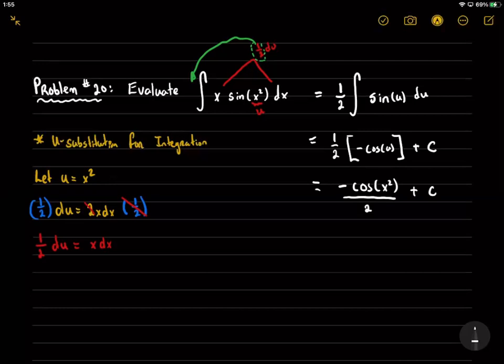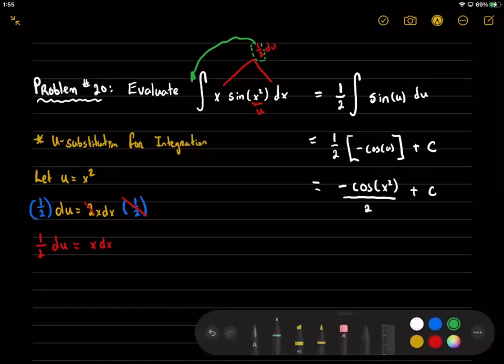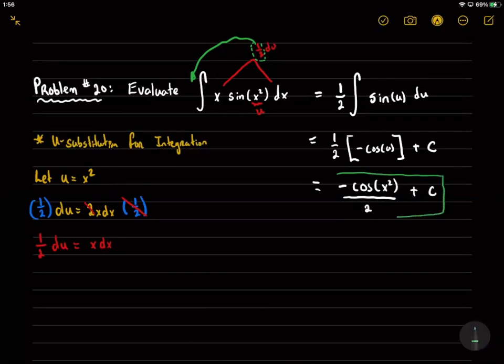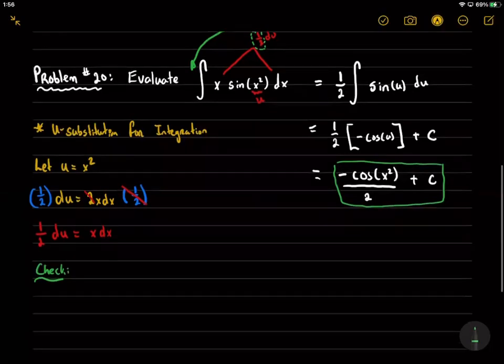You could have checked that this answer is true by taking the derivative of our final answer. If you take its derivative, you should get exactly what's inside our integral, the x times sine x squared, right? So here's just a quick check, so that way I can verify that this answer is true.